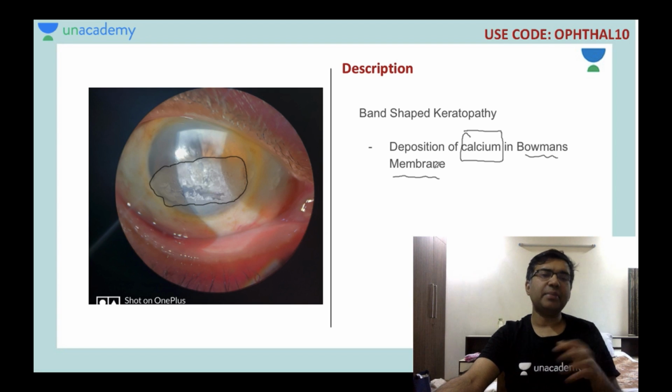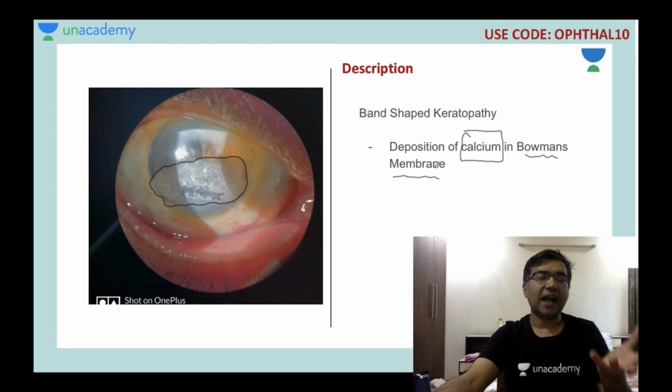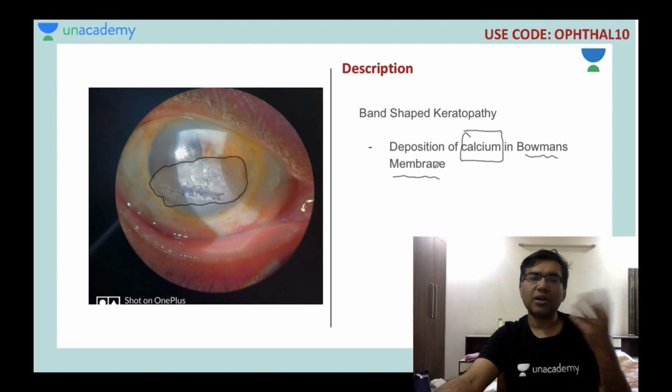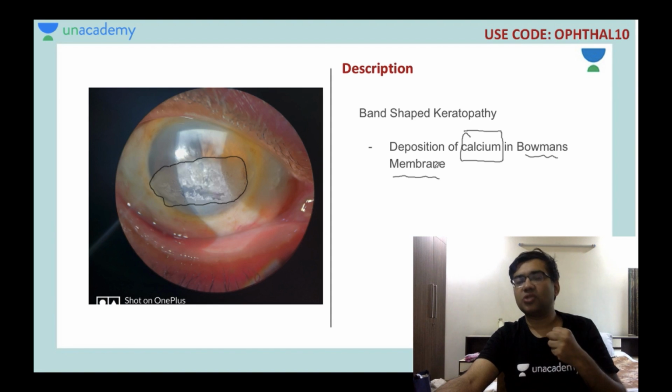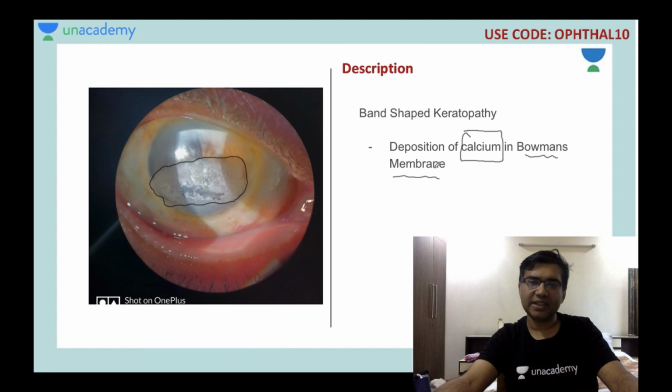Let's say there is a chronic uveitis, or an end stage eye disease like atrophic bulbi, phthisis bulbi, or post retinal detachment surgery. If you have done a vitreoretinal surgery and put silicone oil in the vitreous cavity, sometimes a part of this silicone oil comes anteriorly, and then it can also attract the calcium deposition. So these are some ocular causes of band-shaped keratopathy.